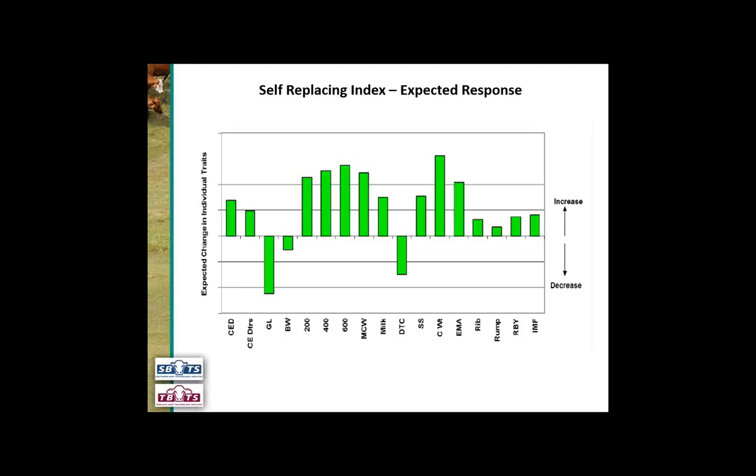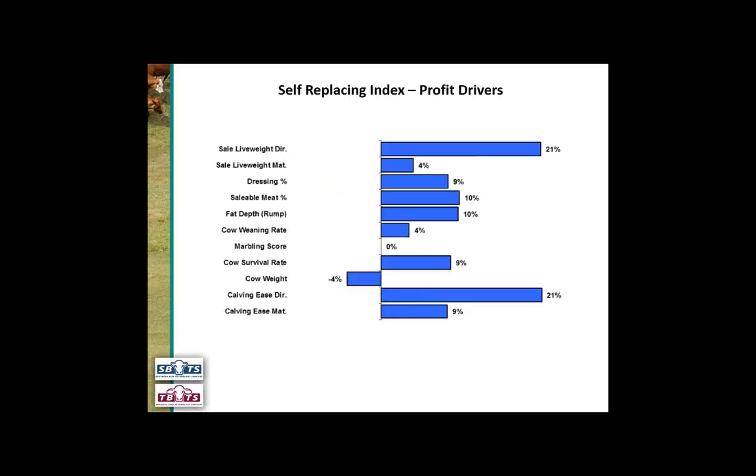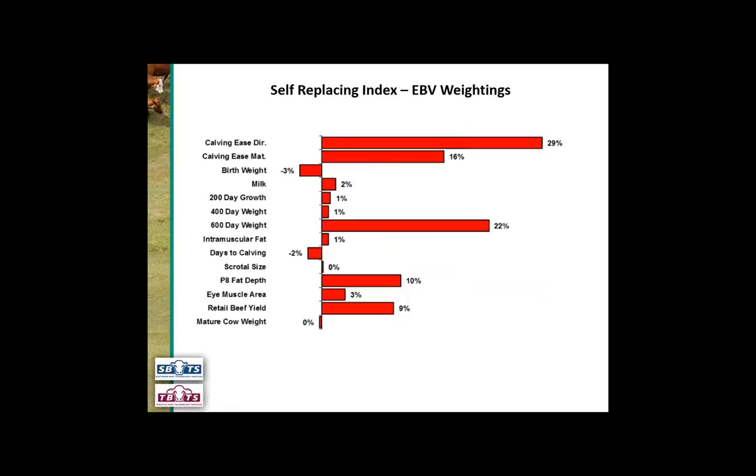Now I just want you to look at IMF percent, and I'm just going to go back to the red graph, and if you go to intramuscular fat, in fact if you go back to the blue graph, you'll see we actually had no, in this particular index, there was no pressure at all on marbling score as a profit driver.